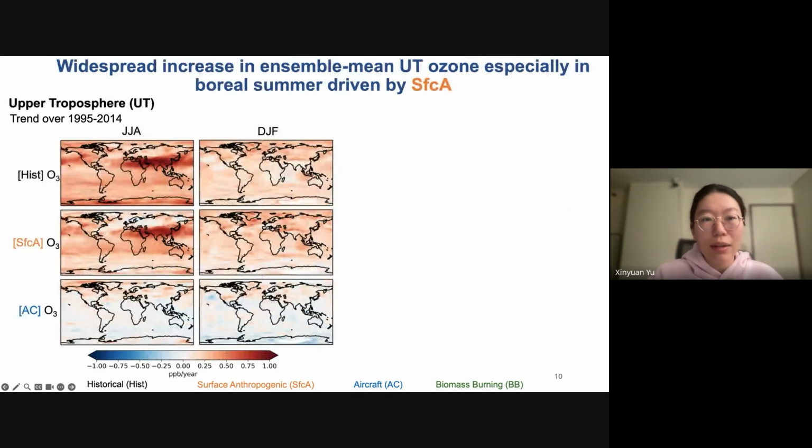And then for the upper troposphere, we see that the surface anthropogenic emissions contribute to an increase in the upper tropospheric ozone globally across all seasons, with the increase being most pronounced in boreal summer. And the aircraft, which are shown on the bottom, contribute to the increase in ensemble mean upper tropospheric ozone in the northern extratropics, although the signal is very weak.